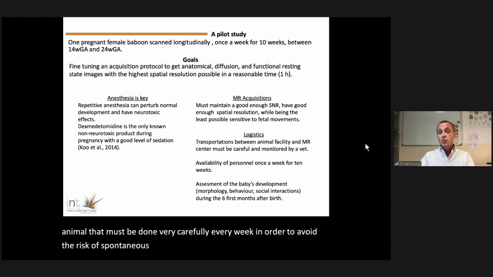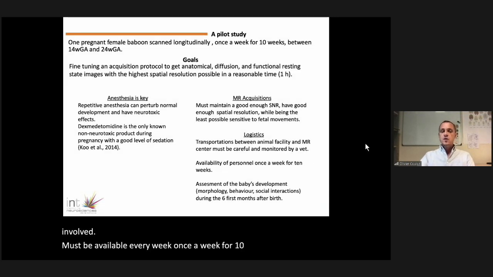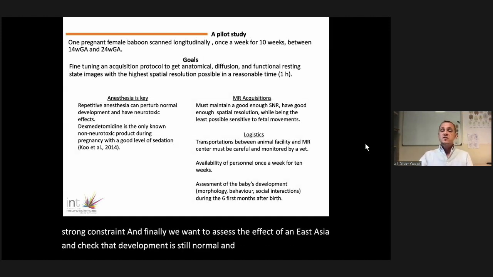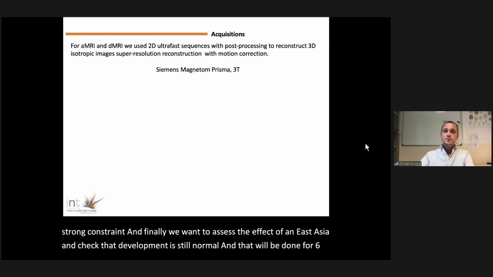Also, the large number of people involved must be available every week, once a week for 10 weeks, which is a strong constraint. And finally, we want to assess the effect of anesthesia and check that the development is still normal, and that will be done for 6 months after birth.